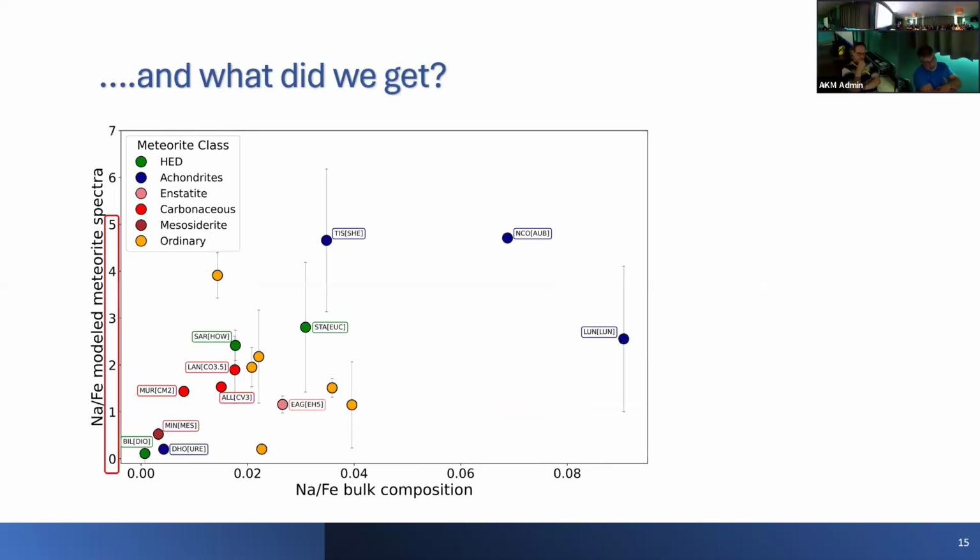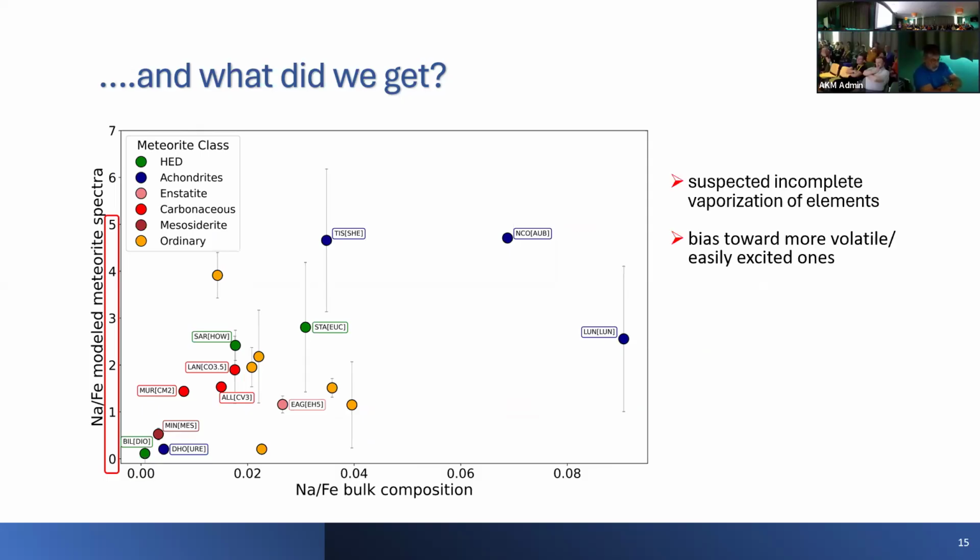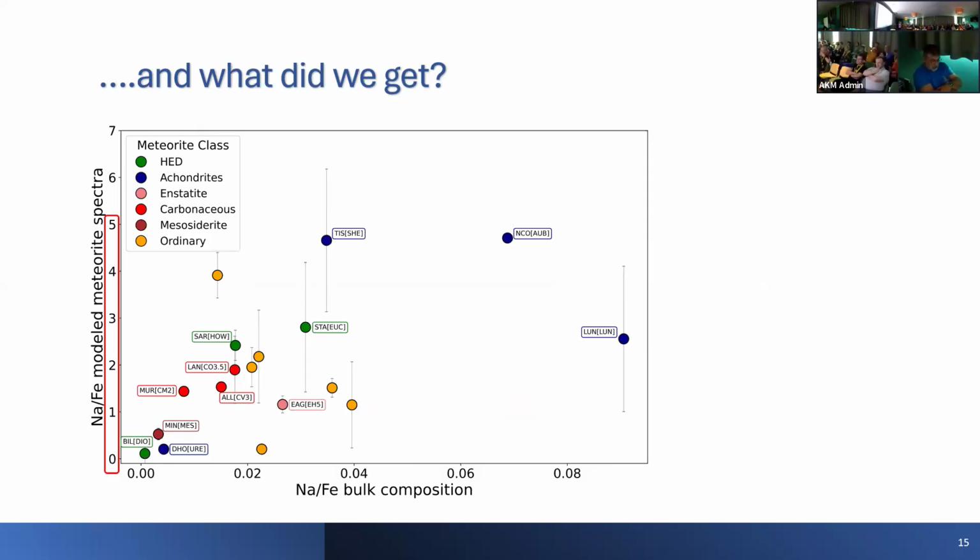And then we looked at more volatile elements like sodium and potassium. And here we can see that the discrepancy is even more striking. And the question is, how is it possible? So apparently something else is going on.